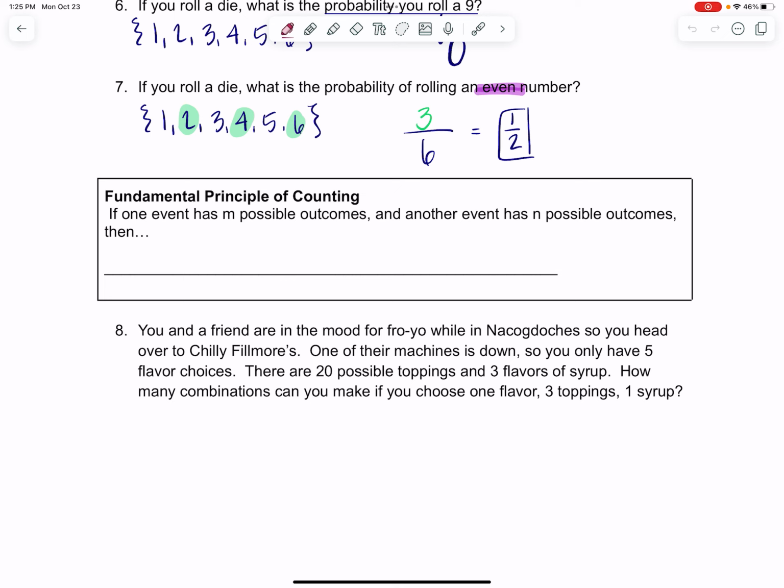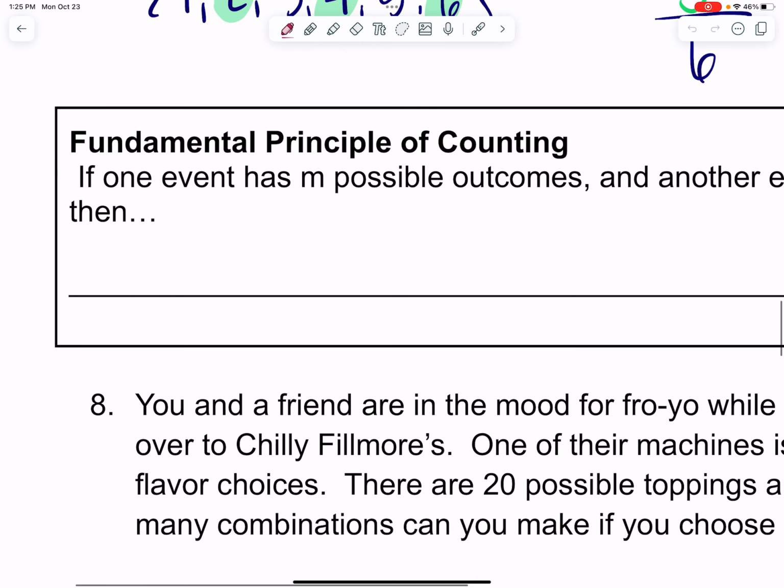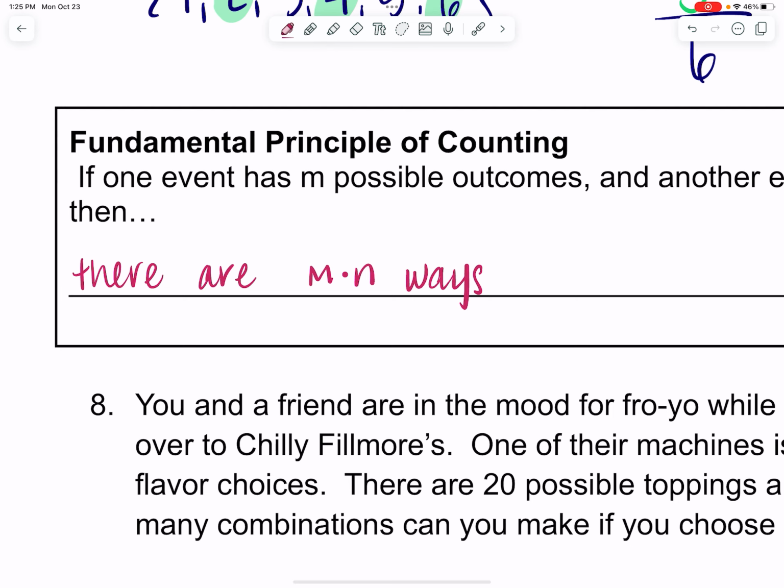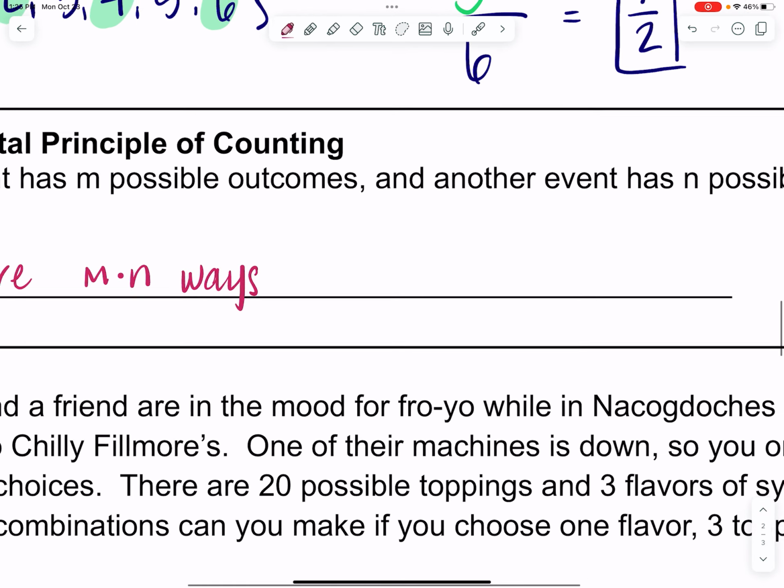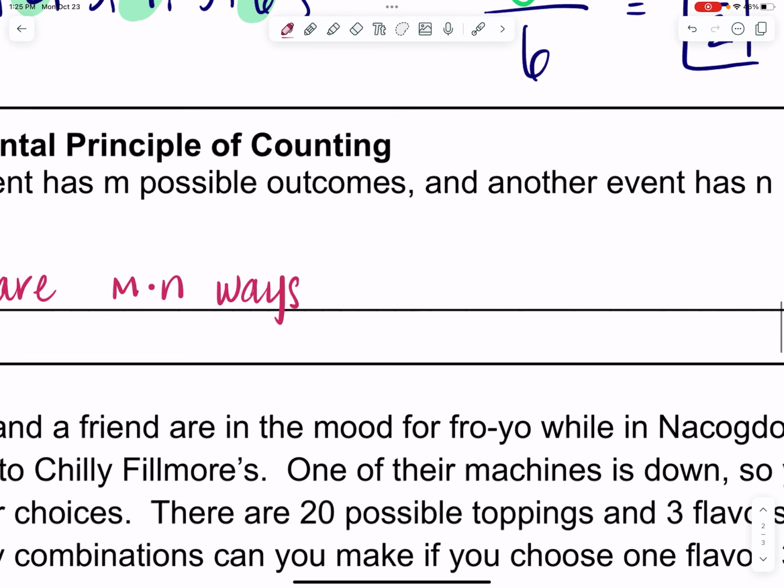So let's say that we have an event that we're interested in, and there are m possible outcomes, and another event has n possible outcomes. Then the fundamental principle of counting says there are m times n ways to do both.